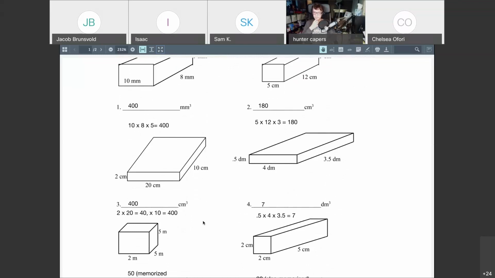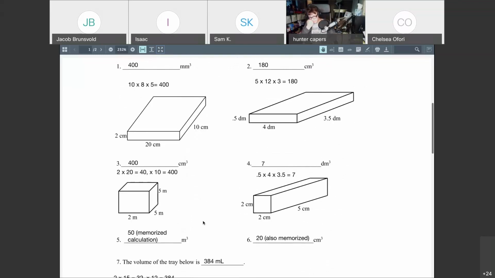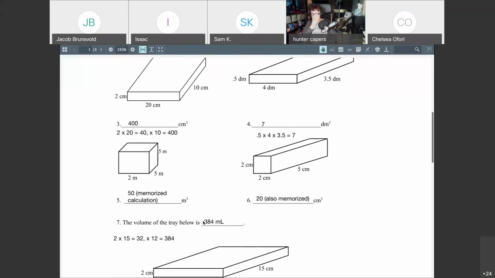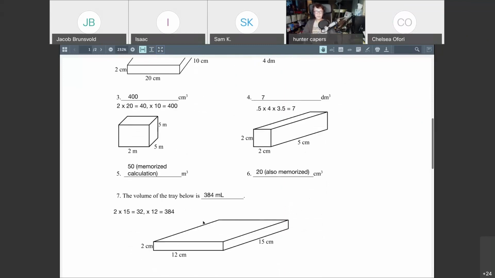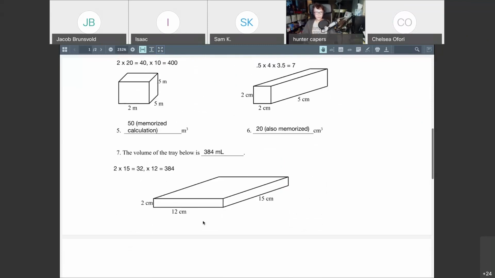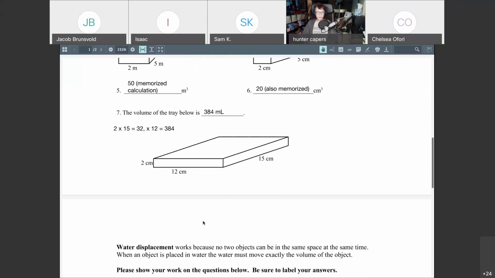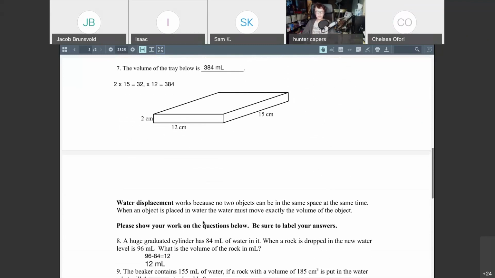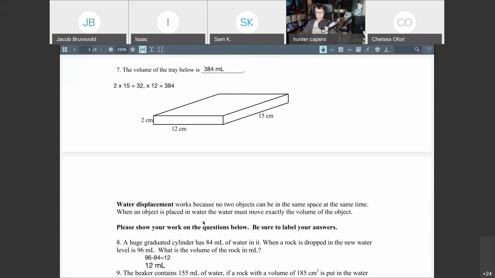Just as I scan over the other ones, looks good to me as well. Okay, good. So let's scroll down to number 7. That one was good. You remembered that the units for number 7 should be 360.